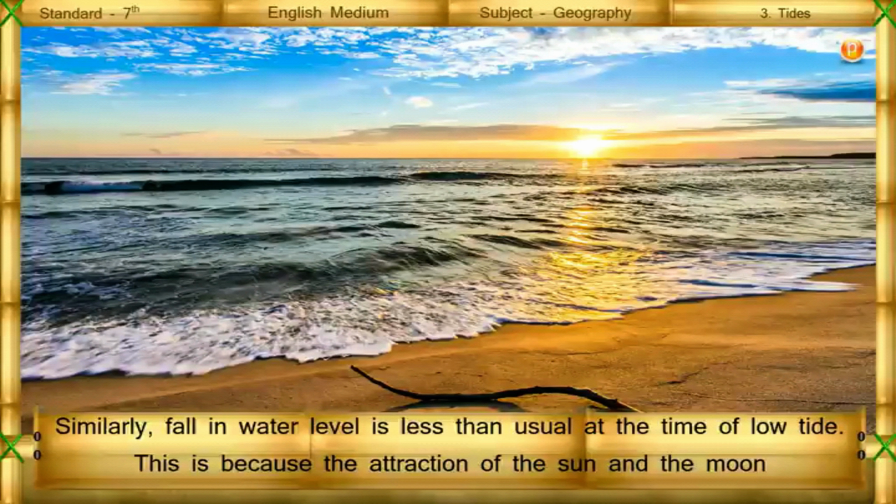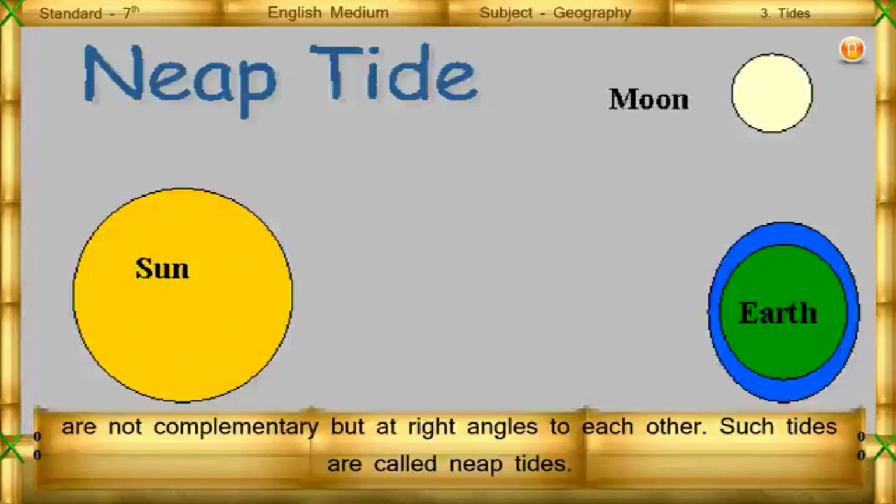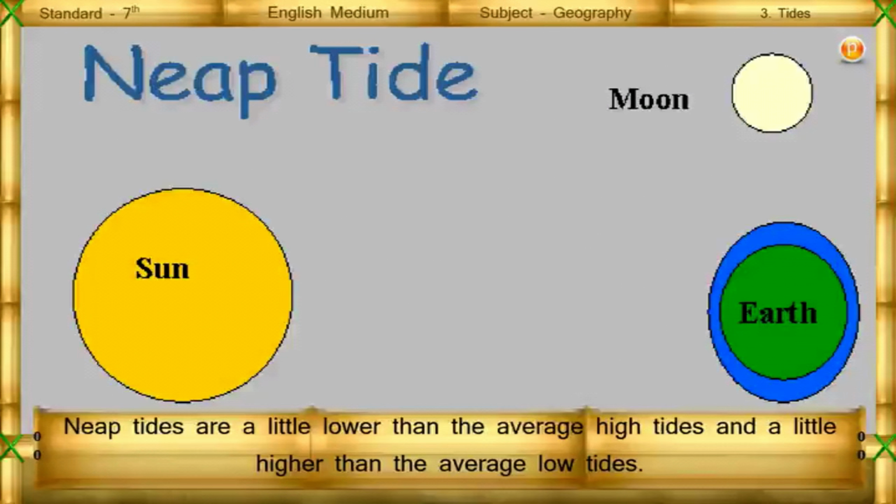This is because the attractions of the Sun and the Moon are not complementary but at right angles to each other. Such tides are called neap tides. Neap tides are a little lower than the average high tides and a little higher than the average low tides.